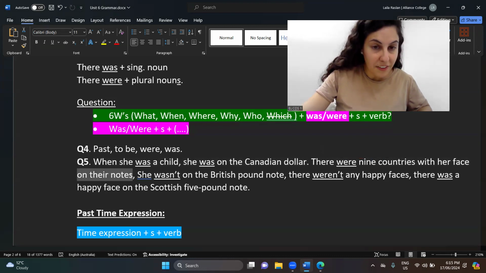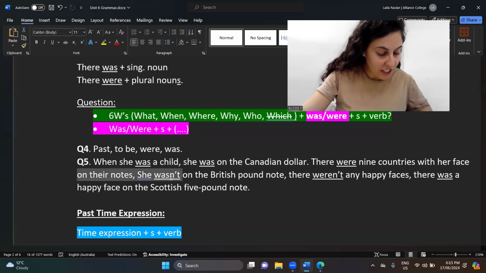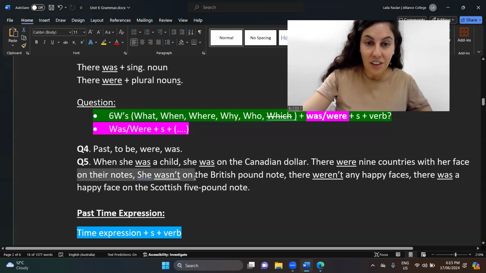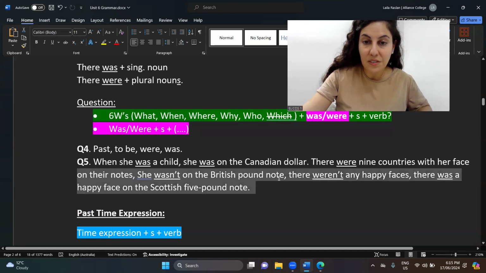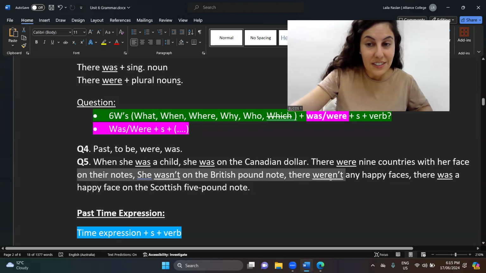Surprisingly, the Queen's face wasn't. We have a negative. We just add the not to the verb to be. So she wasn't on the British pound note until 1960. For a long time, there weren't, plural, there weren't any happy faces.